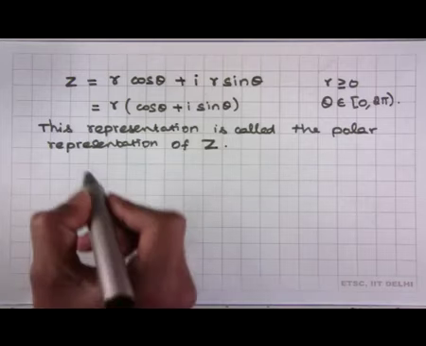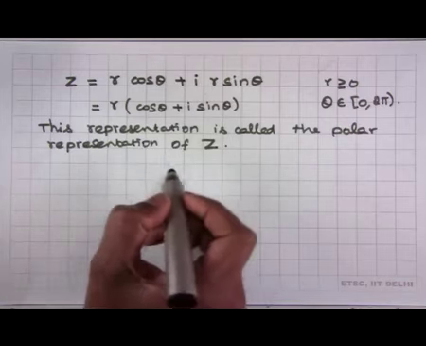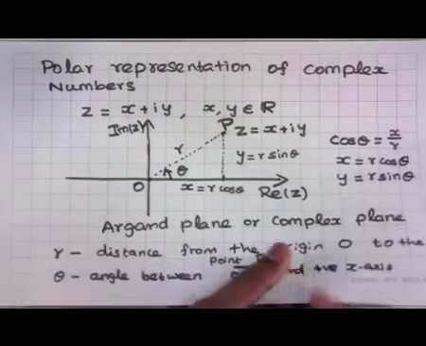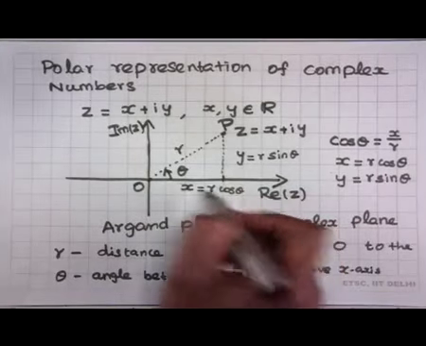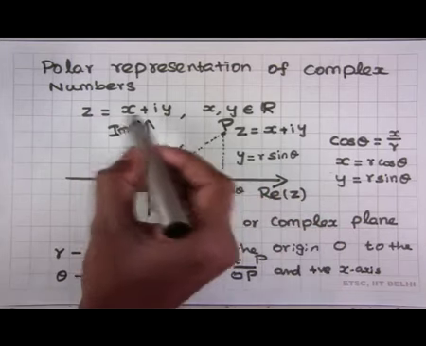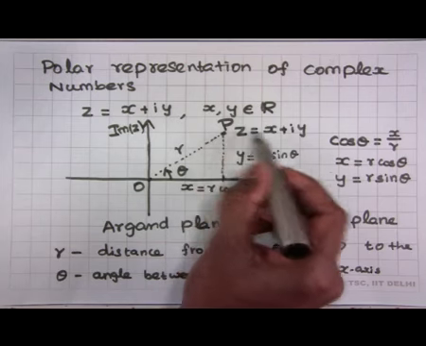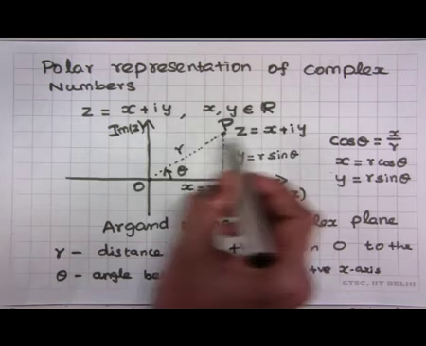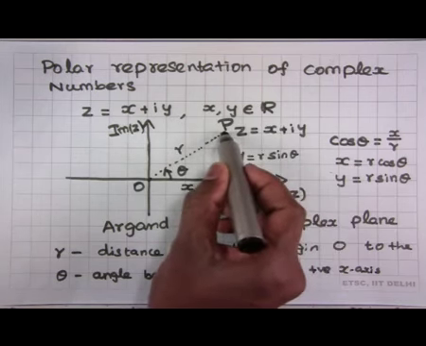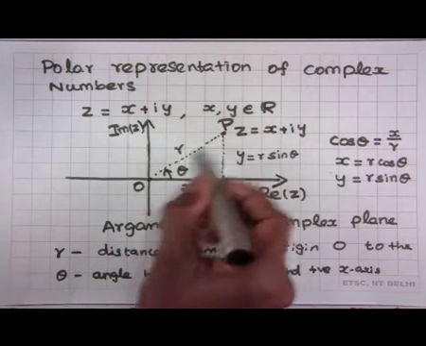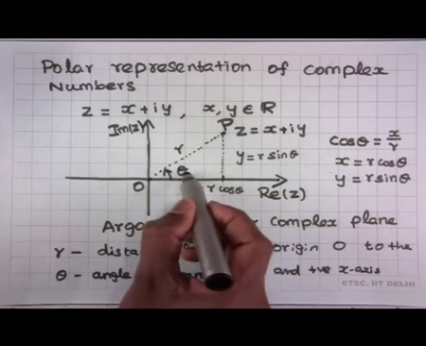So again, let me just recall. If we know the components x comma y, we are associating a point in the plane, and further this point can equivalently be determined by the distance from the origin and the angle theta.